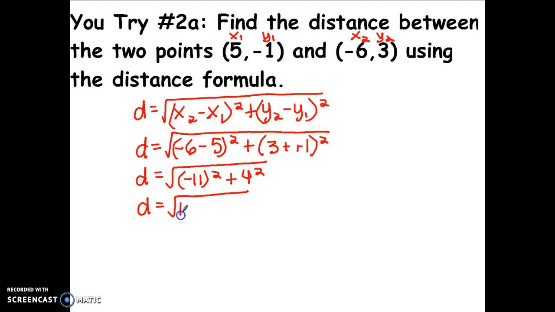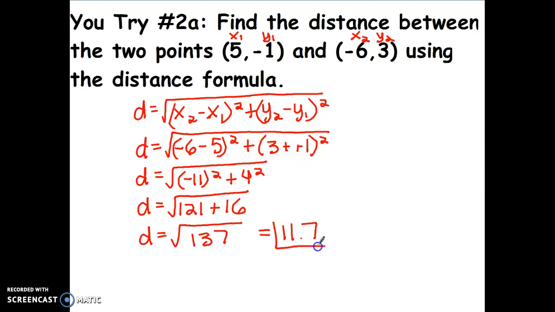Negative 11 squared is 121. 4 squared is 16. 121 plus 16 is 137. And if we take the square root of that and round it to the nearest tenth, we get 11.7. So hopefully you guys got that right.